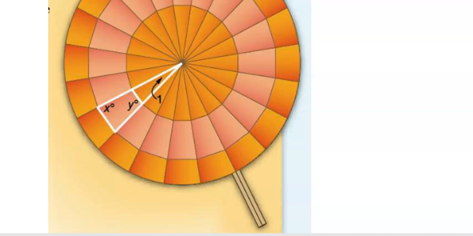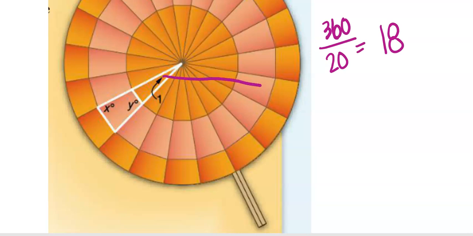So how many of these go around? And they're all going to be the same because it is an isosceles trapezoid. So how many are there? 20. So first thing we're going to do is take 360 and divide it by 20, which is 18, to get this one right here. So angle 1 is 18.